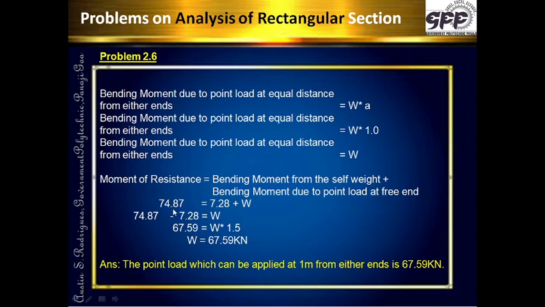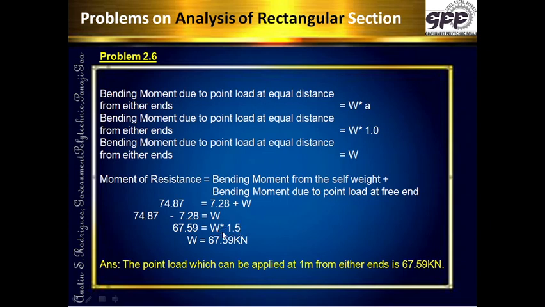So 74.87, the moment of resistance, is equal to the bending moment from the self weight, 7.28, plus the bending moment due to point loads at equal distance from either ends, W. Now this 7.28 goes to the left hand side, and what remains is W. The difference between these two comes to 67.59. So 67.59 is equal to W.